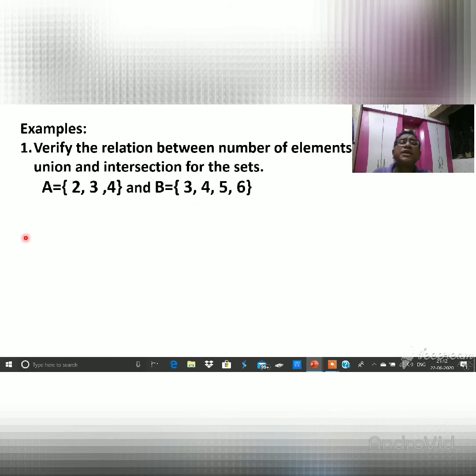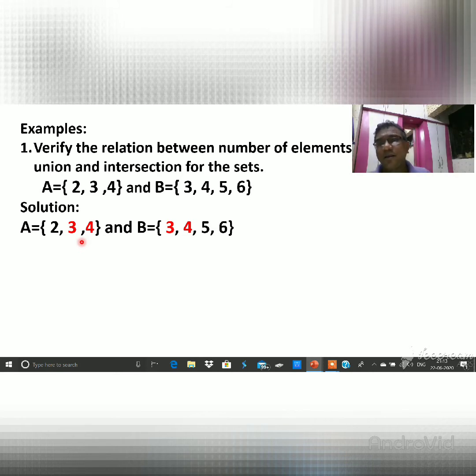If you make the union here, the common elements are 3 and 4. Solution means whatever is given is written as it is. When we start to solve, these 3 and 4 are shown in the same red color, which means those numbers are the intersection.